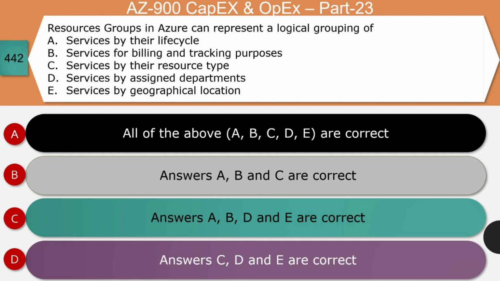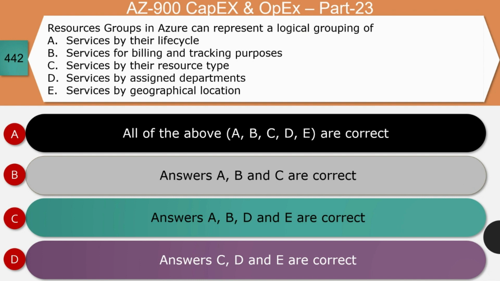Second question: resource groups in Azure can represent a logical grouping of services by their life cycle or services for billing and tracking purposes, services by their resource type, services by assigned departments, or services by geographical location. You need to select any one of these options.